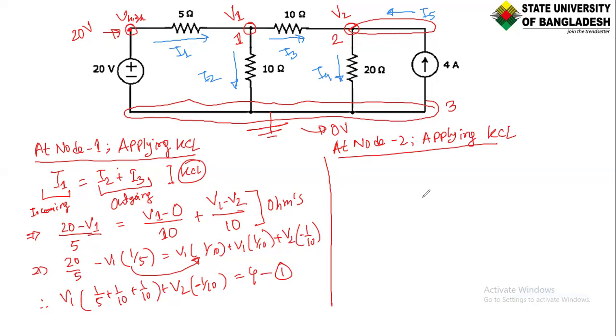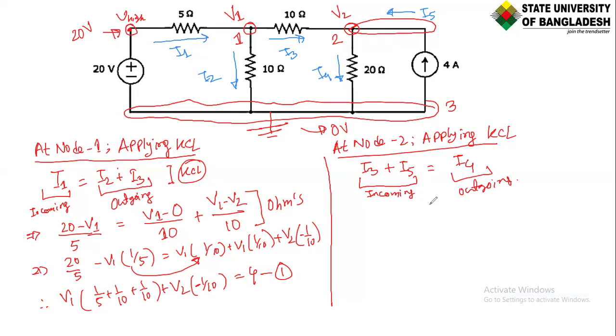These are the incoming currents, right? And the outgoing current is I4. Sorry, I wrote it wrong there. So I3 and I5 are your incoming currents, and this one is your outgoing current.